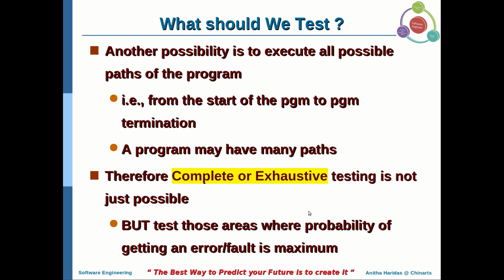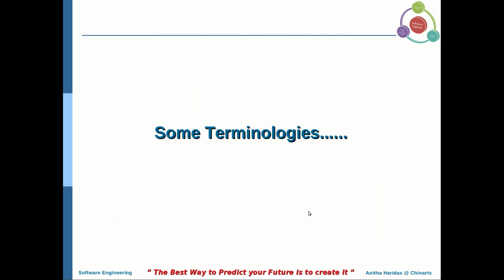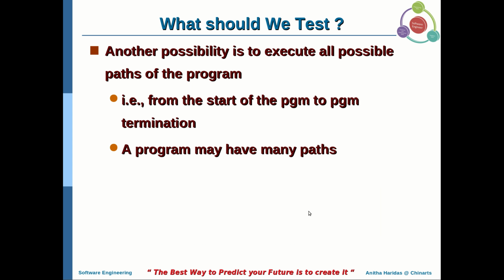Okay, so that's it about the introduction to software testing. We have seen what is software testing, why we need to test software, who is responsible for testing software, and what we are supposed to test in software.